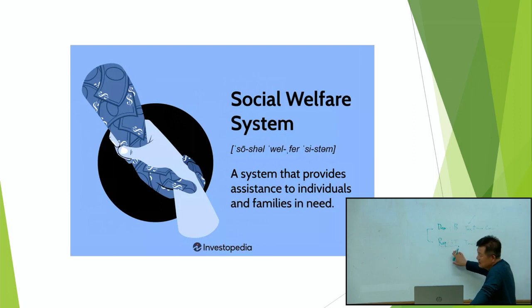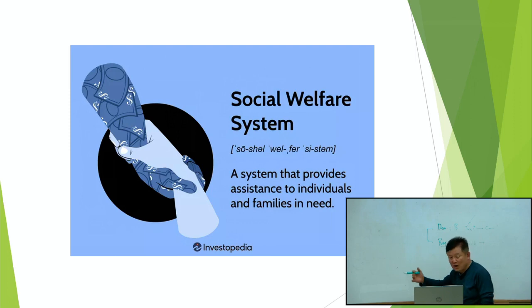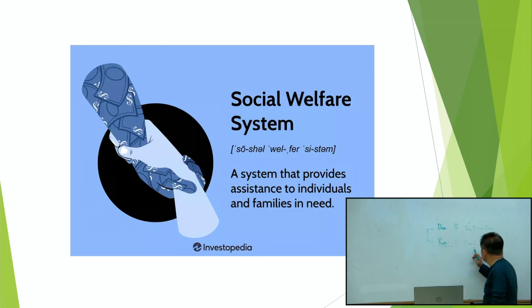The Republican supports the company, and the company develops, invests, and gives more chances to work, and people automatically get social welfare. This style is very different. Which one is correct? I don't know, but everybody has a different idea.